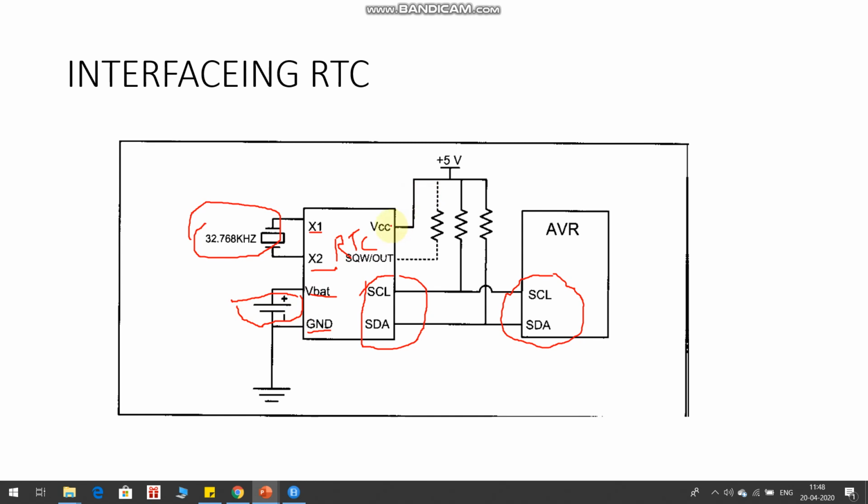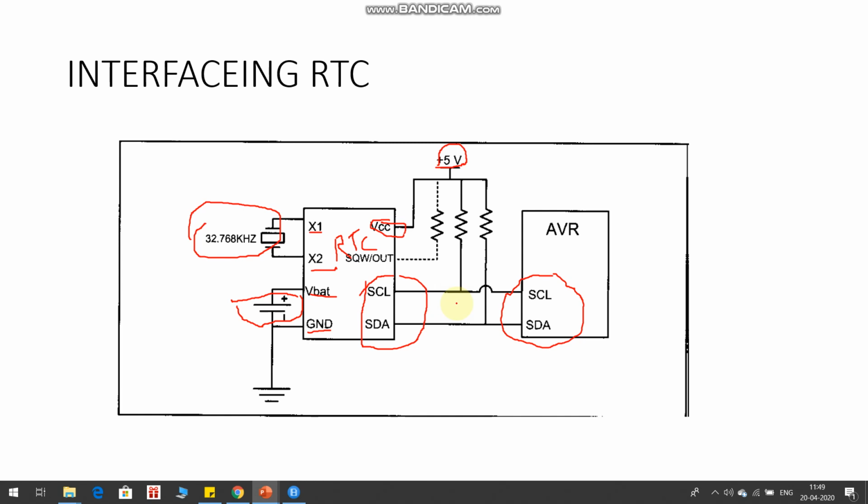The RTC module is powered by a 5 volts power supply which is connected to the VCC pin of the RTC module, and the power supply is also connected through pull-up resistors to the SCL and SDA lines because they are open-ended terminals. So this is the interface connection arrangement of the RTC module using I2C protocol with the AVR microcontroller.